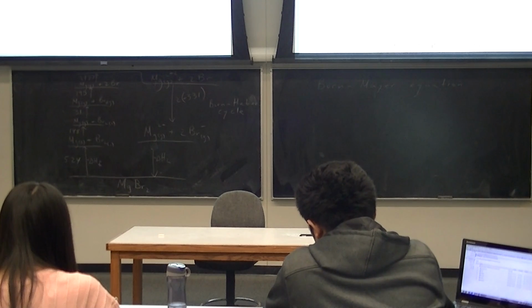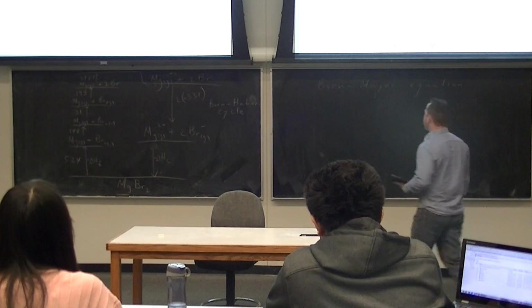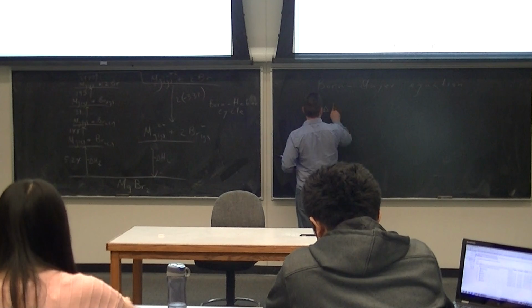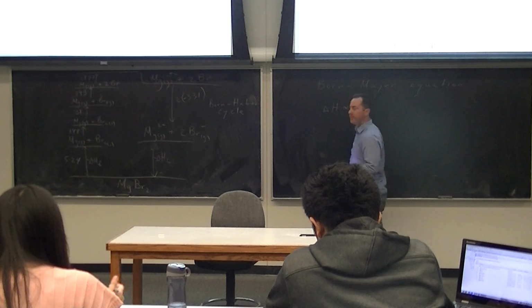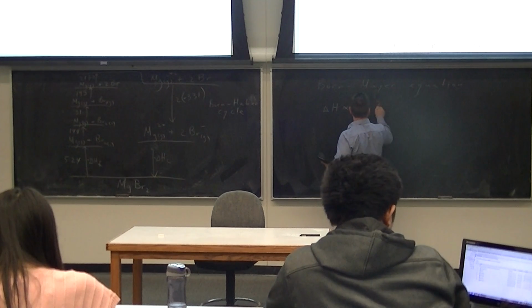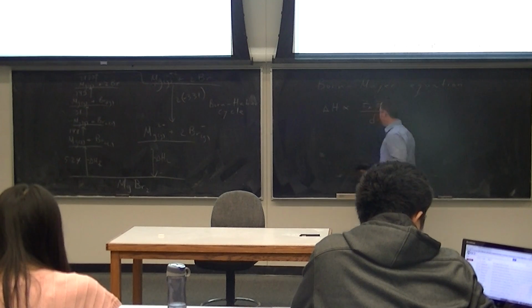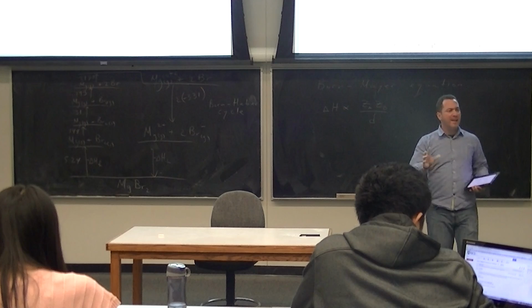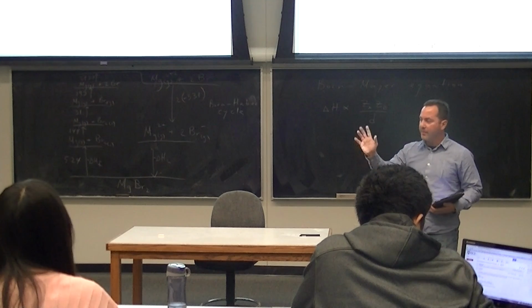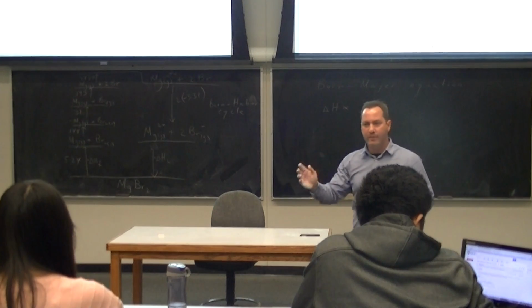So the Born-Haber equation basically says that the lattice enthalpy is proportional to that, which is basically the electrostatic parameter that we have been talking about for a long time.